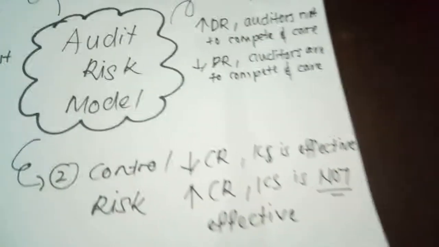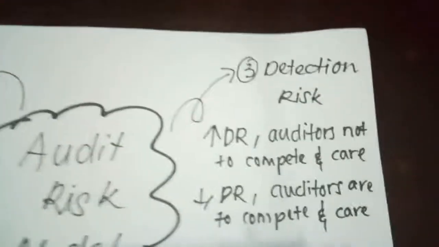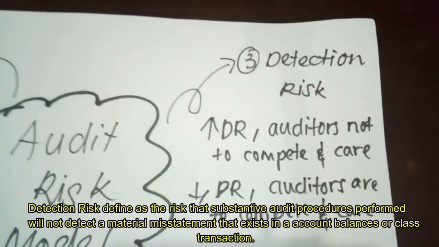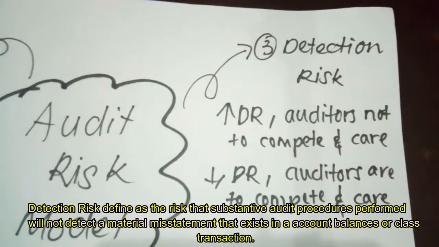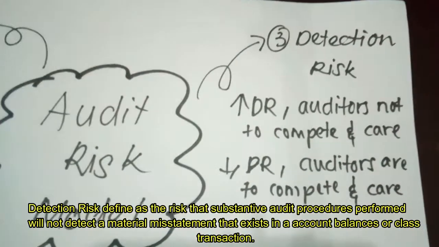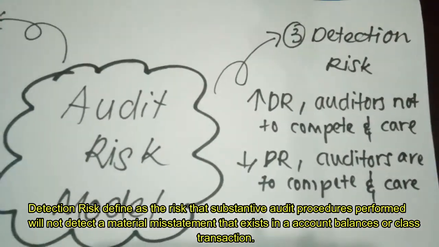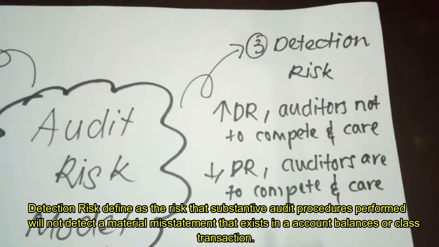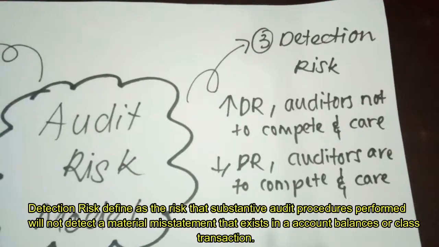Now we're heading to the last audit risk model component, which is the detection risk. Detection risk is defined as the risk that substantive audit procedures performed will not detect a material misstatement that exists in accounts, balances, or classes of transaction.